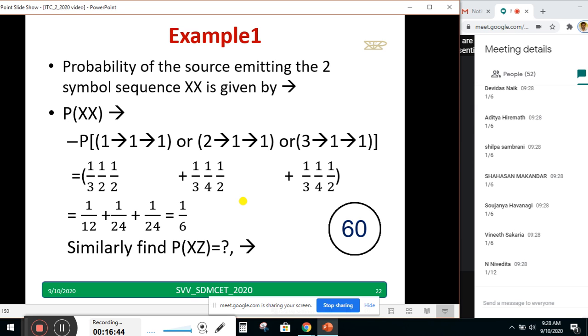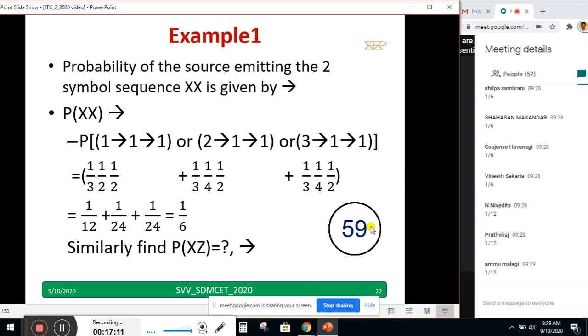XZ, it may be the first state or second or third. How to get XZ from the first state? Prithviraj is telling 1 by 12. Good. I think 2 students have told the answers.